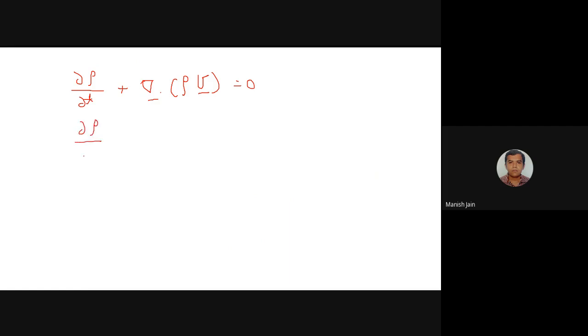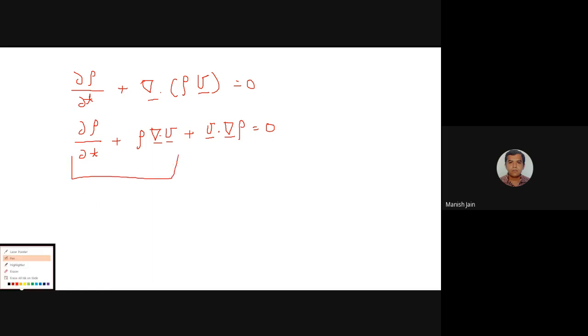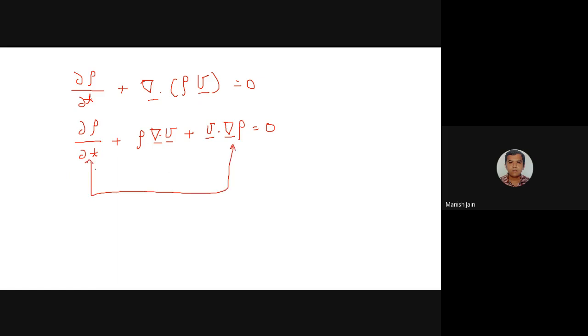Now you can again expand this equation. It will become del rho by del t plus rho del dot v plus v dot del rho equal to 0. Okay, now these two terms will become the substantial derivative.